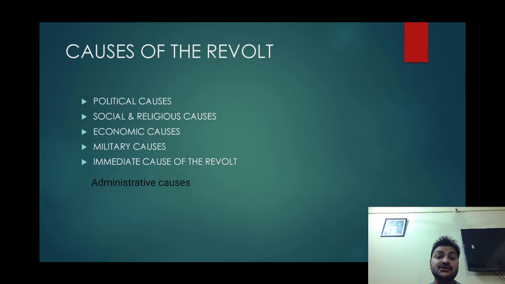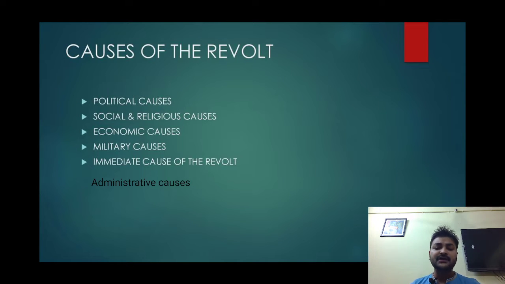First, so they lose their political prestige. In political causes, we find out that the Britishers wanted to rule the country. So they applied every method to politically conquer. They applied the method of subsidiary alliance. They applied the method of Doctrine of Lapse and every such thing.